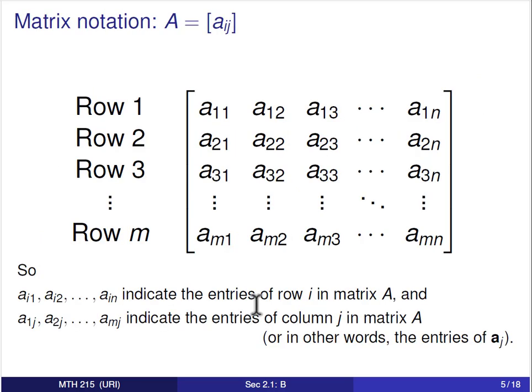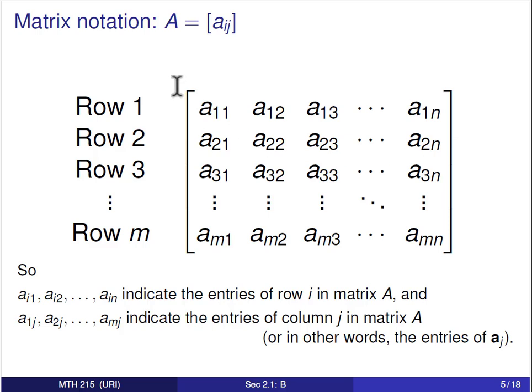Now, if you were to actually write out all of the entries in some matrix capital A, they would be positioned within the matrix in this way. Across the top row, row 1, we'd have a11, a12, a13, and so on all the way through a1n. Now remember that the first number in the subscript tells you which row you're on, and the second number tells you which column you're in, and so that should make sense. Row 2 is a21, and so on all the way through a2n.